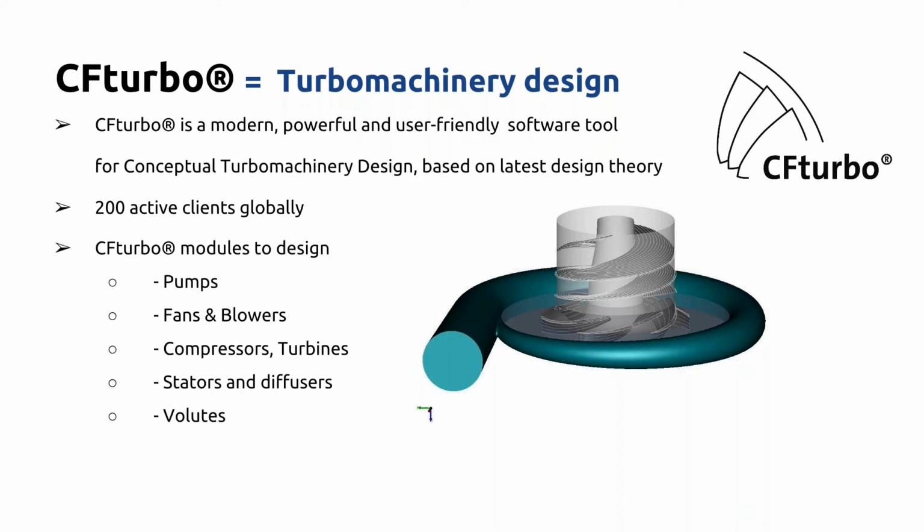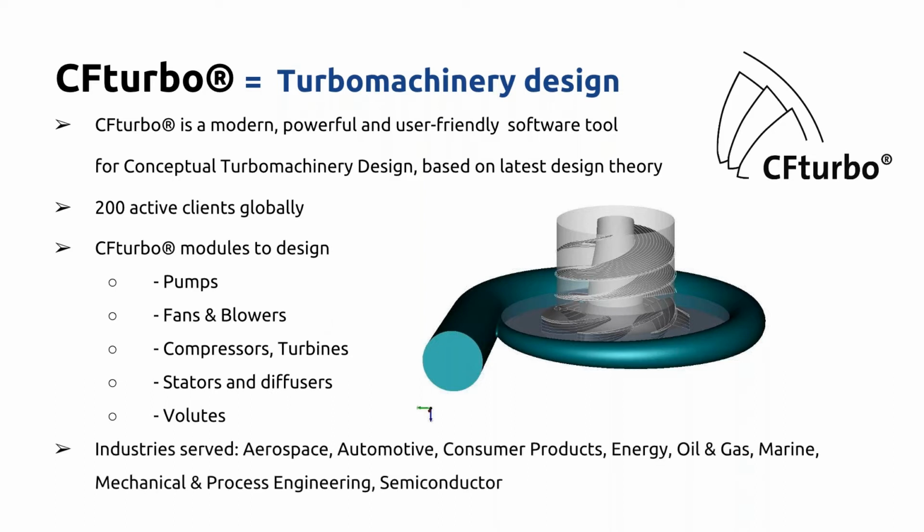And if you want to design a complete stage of a pump, for instance, you might need stators. They can have vanes or they can be vaneless. And also, of course, for radial machine, it's important to have a volute, and that's why there's also a volute module. Right now, with our software, we serve the industries given here.